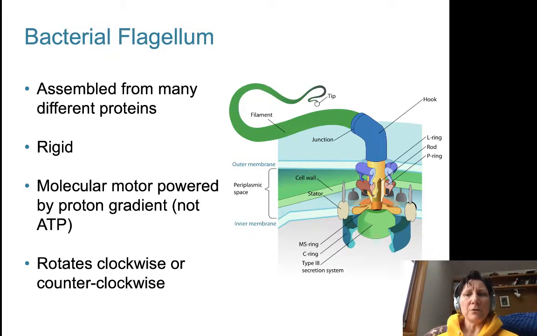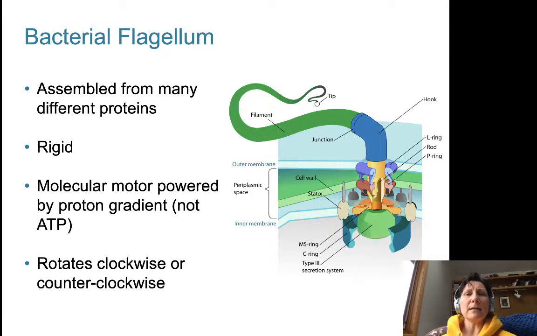Some things you should maybe review from a previous class: the bacterial flagellum is a structure composed of a number of different proteins, and there's a schematic here on the right-hand side. This is a stylized diagram, and despite this curvy structure, it's actually a fairly rigid structure that helps to affect movement.